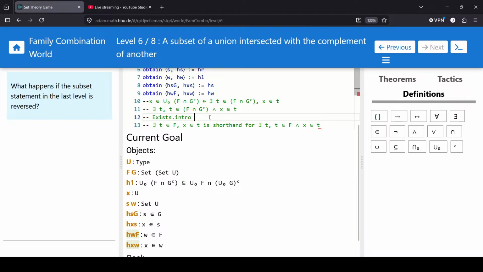Well, I can't pick S or W, because if I pick either one of those alone, I can't prove that S is in F intersect G complement. How do I prove anything is in F intersect G complement though?